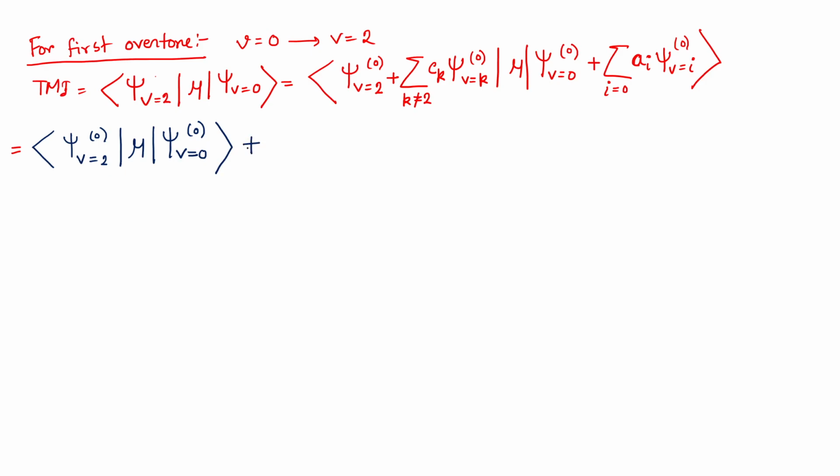So this is one term. Now the next term is the sum over k not equal to 2 of ck, with v equals k zeroth.